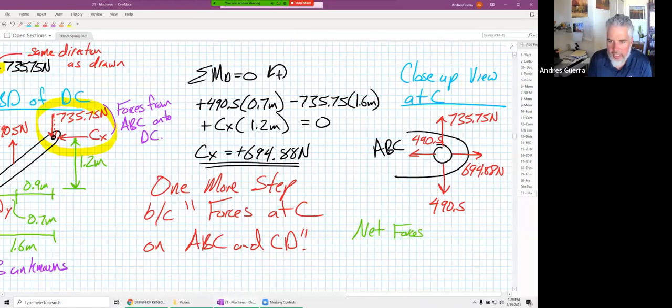And so the net forces in the X direction: aren't the net forces minus 490.5 plus 694.88? So we have a net force at that spot of 204.38.